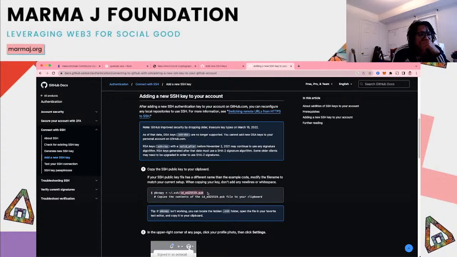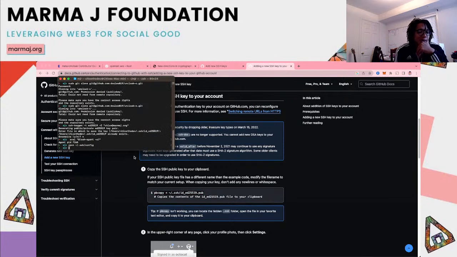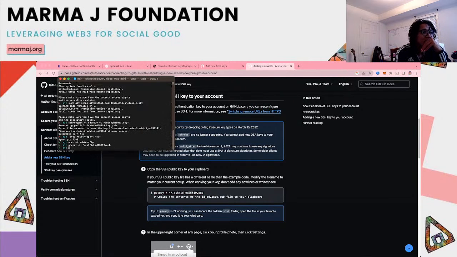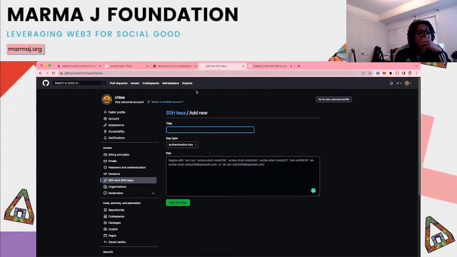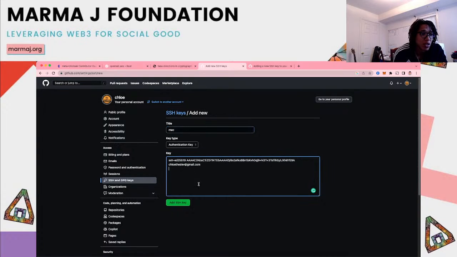This is just your public key. Okay, so this should hopefully just copy the public key, and it should allow me to just be like Mac, and then do that.